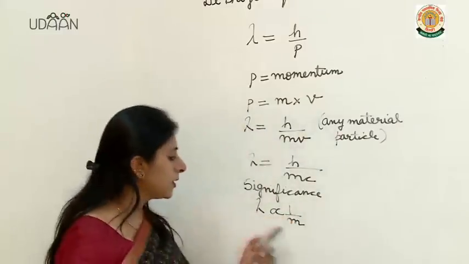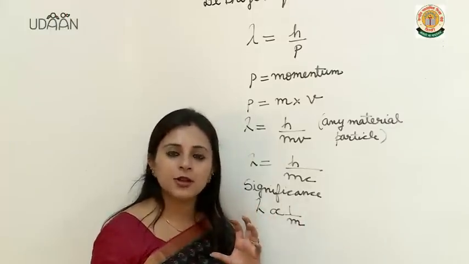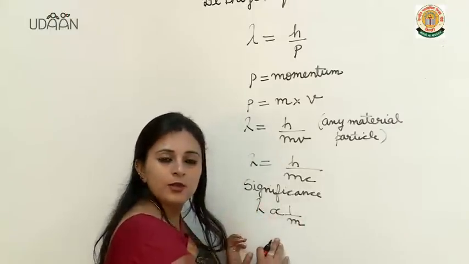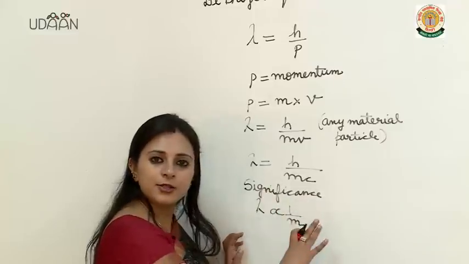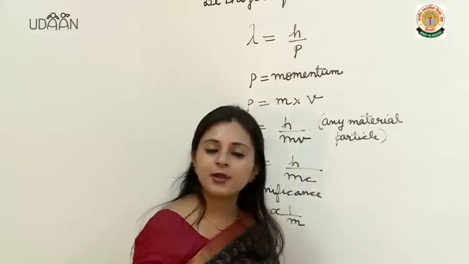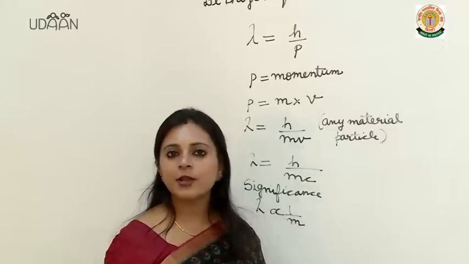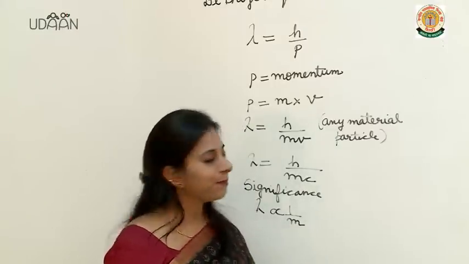Because wavelength is inversely proportional to mass. So if the mass is large, the wavelength would be very small. That means the de Broglie relationship is applicable only to microscopic particles, and that is why we can see the wavelength of subatomic particles and not of large bodies.